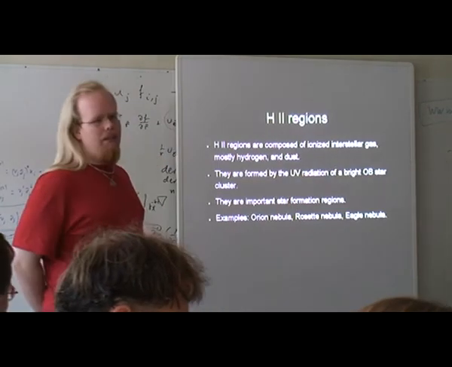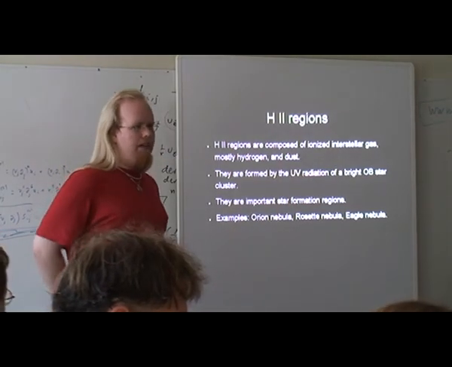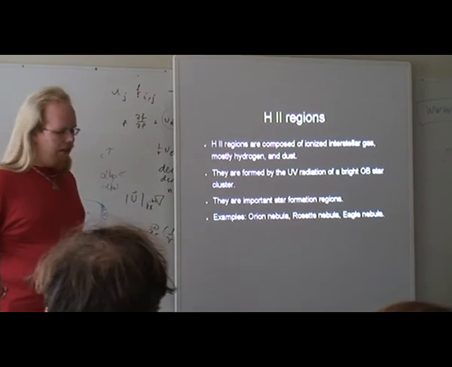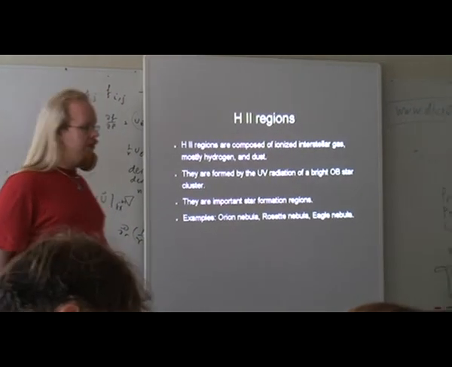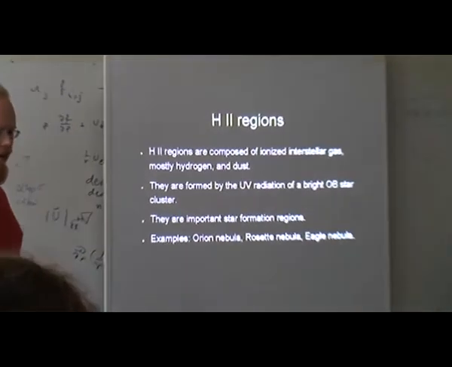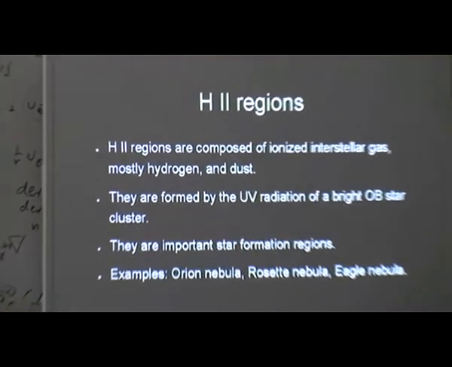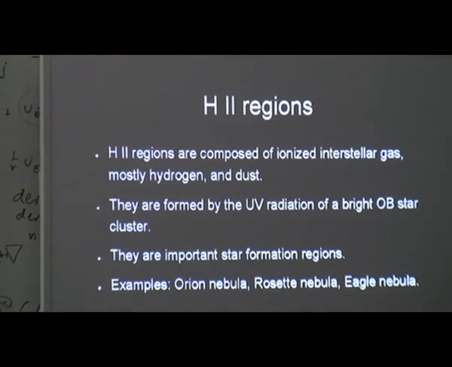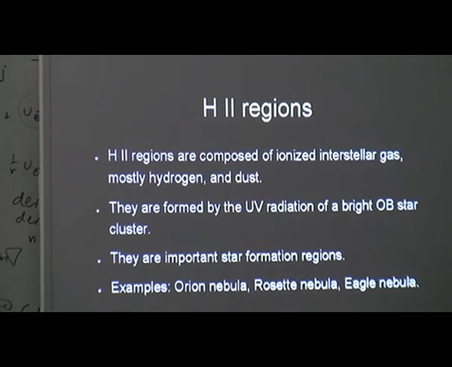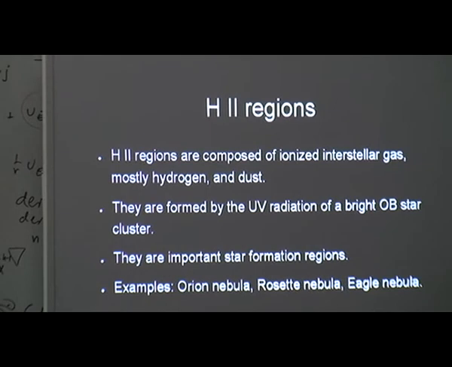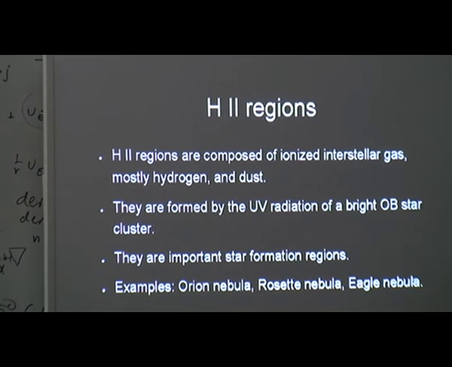Okay, for a little bit of background, the elephant trunks, like you saw in that picture, are small features located in H II regions, which are basically regions of interstellar matter where the gas is highly ionized.